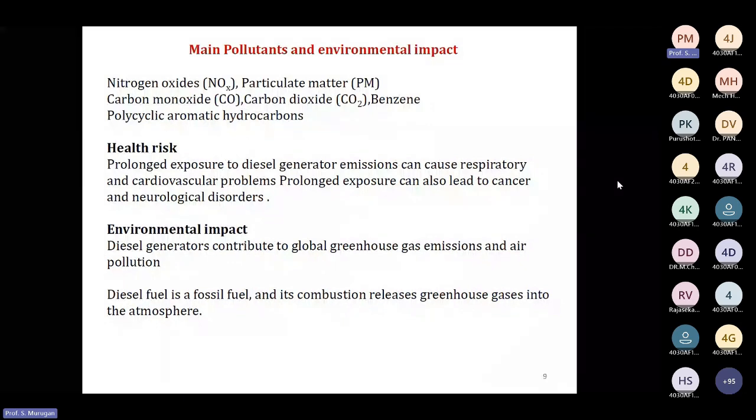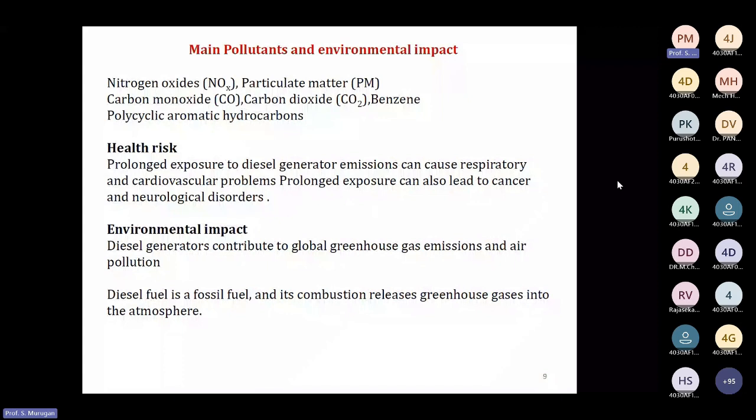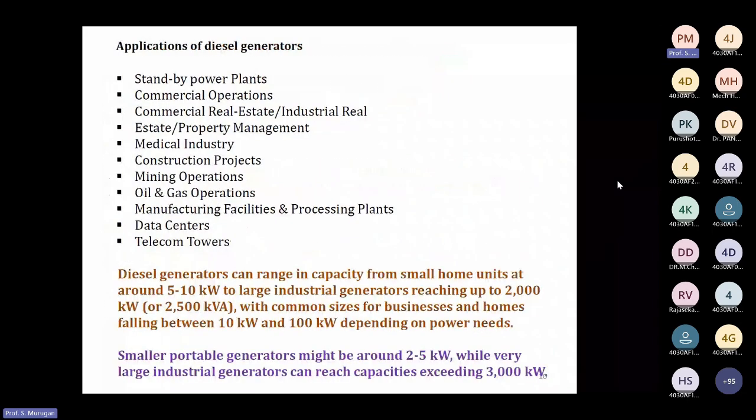Because, as I told, in the modern world, these diesel generators are used everywhere. 20 years before, 30 years before, petrol generators were used because of smaller applications. But now everywhere you can see these diesel generators because of their efficiency and durability.